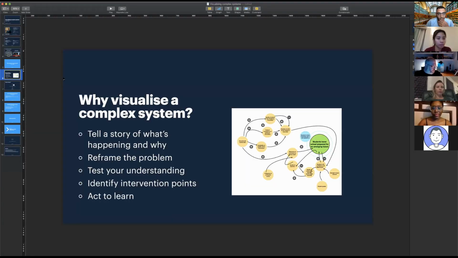All right, cool. So I thought of a few reasons as well. One of them is to tell a story of what's happening and why. I saw a few post-it notes related to that, which is basically, again, Kristen talking: if you want to tell a story to a C-suite of why this problem is coming, or how we think we might solve it or attack it, then it's really important to use that system map to tell a story of historically this has happened and this is why we're seeing these issues now in the system.